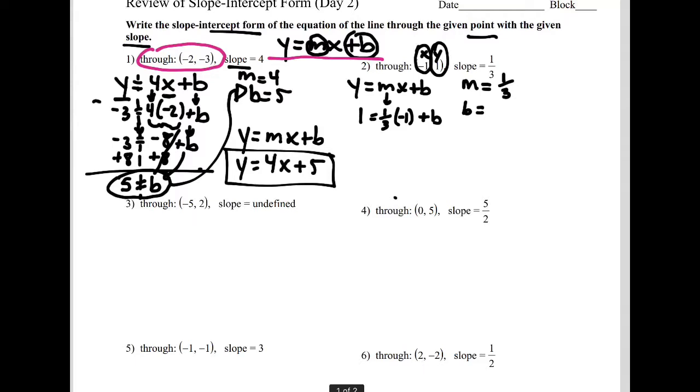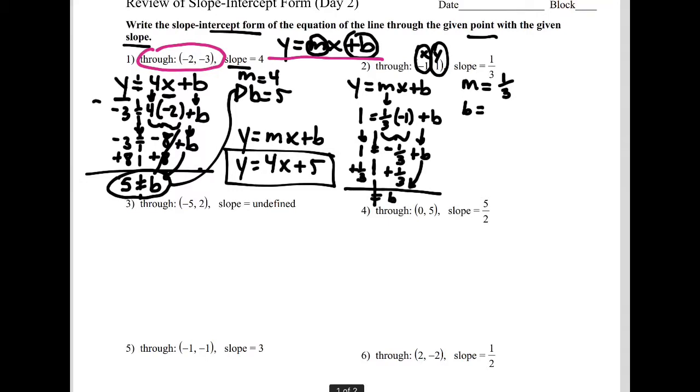Now if we go ahead and simplify this part, 1/3 times -1 should be -1/3. And I'm just going to bring down everything else. Remember, you just bring down everything you haven't used. I'm going to bring down the 1. Now we're just going to solve this one-step equation, and I'm going to add 1/3 to both sides. We bring down our b, so that we have b by itself.